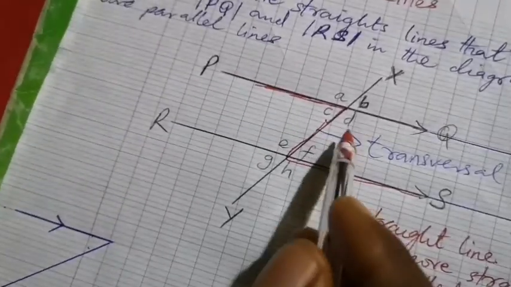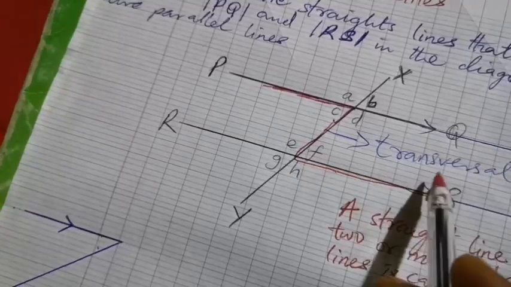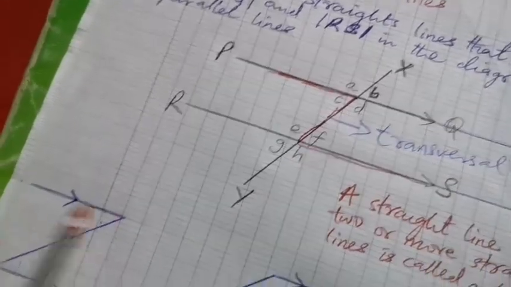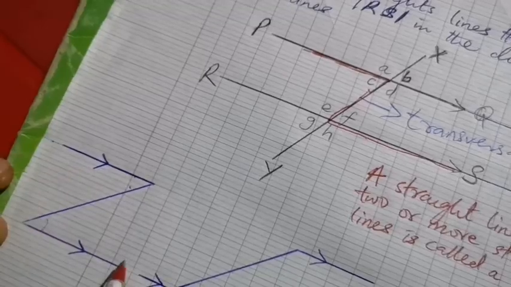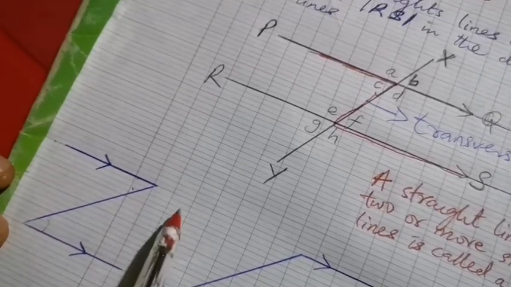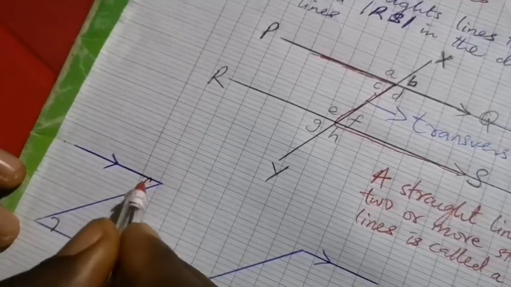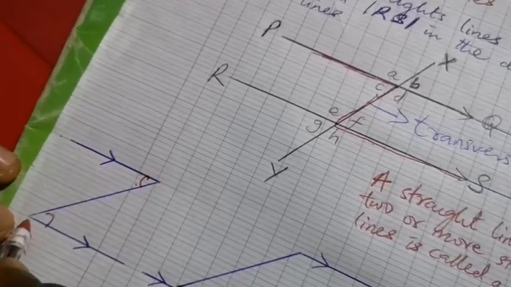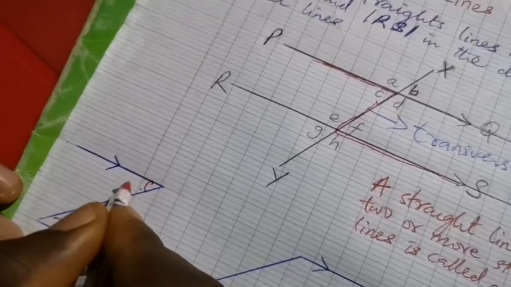Then I will look at where angles are formed, because after tracing this line like this, an angle is not formed here and an angle is not formed here. The only places angles are formed are here and here. So those places where angles are formed when I trace my Z shape are called alternate angles.